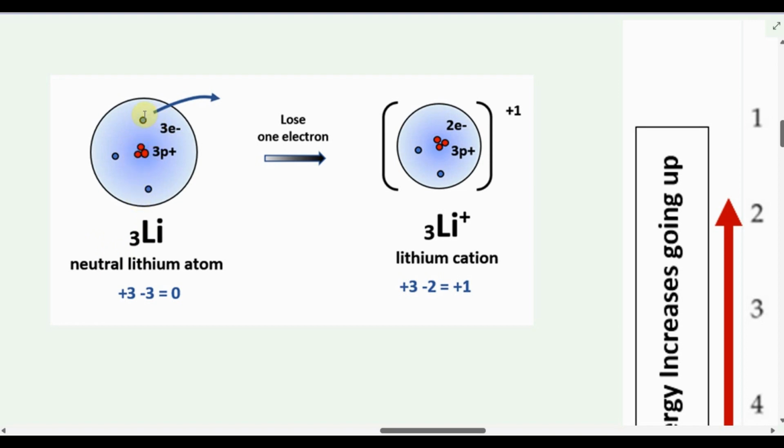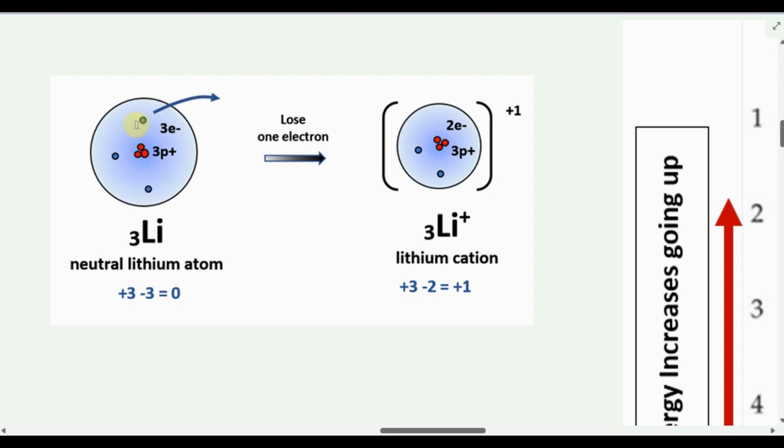Its total charge must be 0, plus 3 for the protons and minus 3 for the electrons, for a net total charge of 0. It takes energy to remove or pull an electron away from an atom. It's true for all the atoms because the protons are attracting the electrons. So it takes energy. The energy required to lose the outermost electron is called the ionization energy.